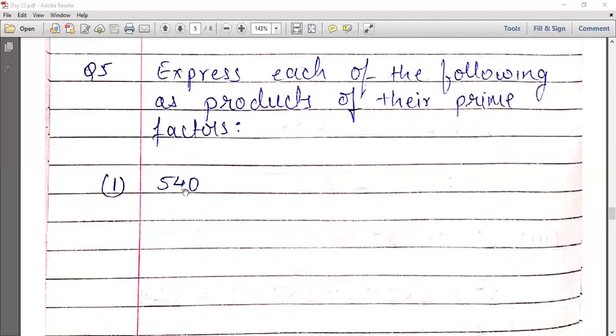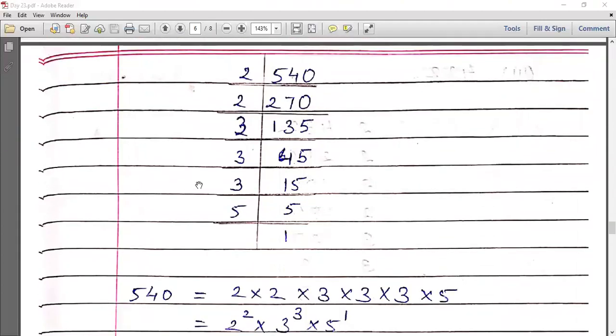So you can see 540. I'll find the HCF of it using the prime numbers. I have solved it, or I have found the factors of 540. The factors are 2, 3, and 5.